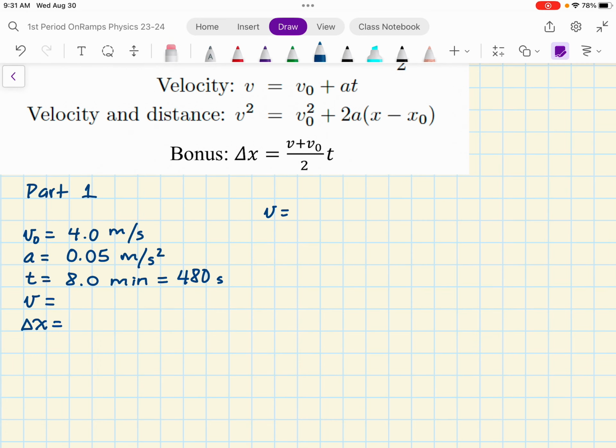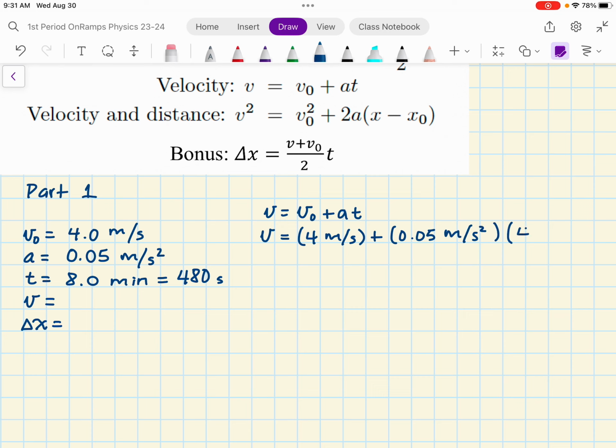Final velocity is equal to initial velocity plus at. As you can see, we do not have to do any algebra whatsoever because the quantity I'm looking for is already on the left. So then I just plug in my numbers. Initial velocity is 4 meters per second. Don't forget the units. We have to get used to having our units. Acceleration is 0.05 meters per second squared.